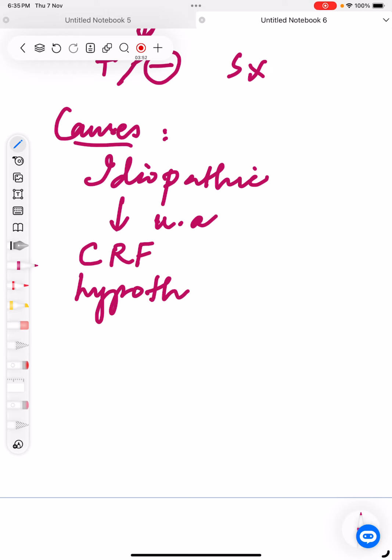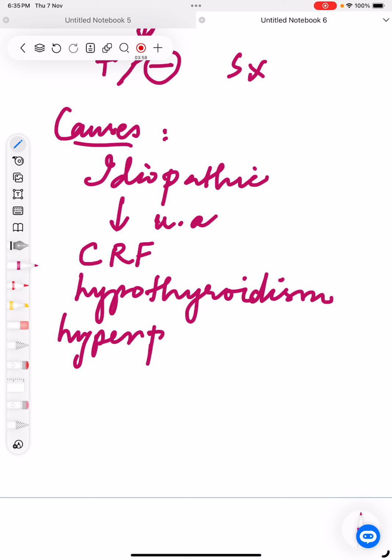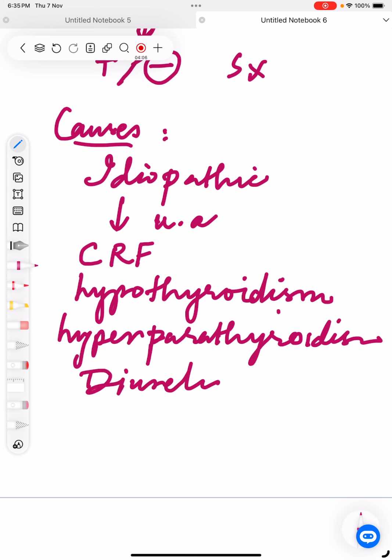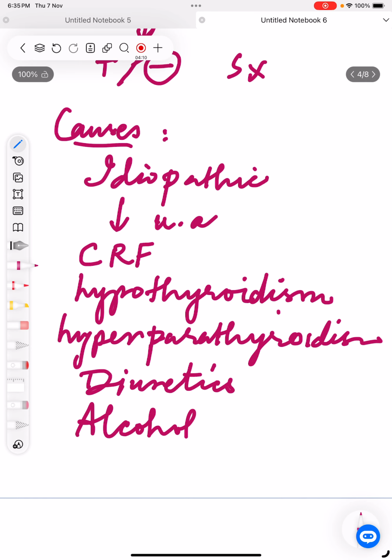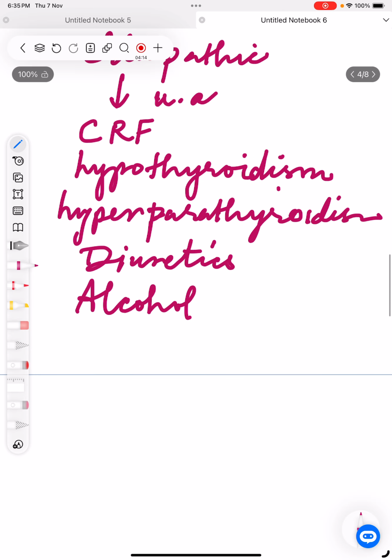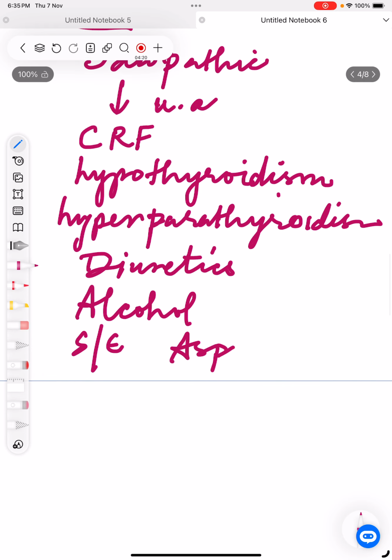Patients with hypothyroidism, patients with hyperparathyroidism can also have this condition. Patients who are taking diuretics and excess alcohol intake can also raise uric acid. This can also be a side effect of aspirin intake.